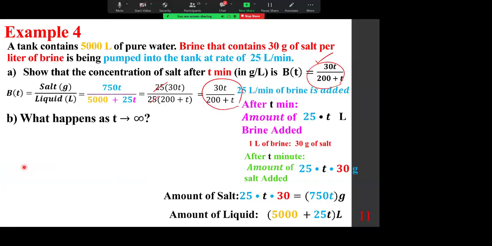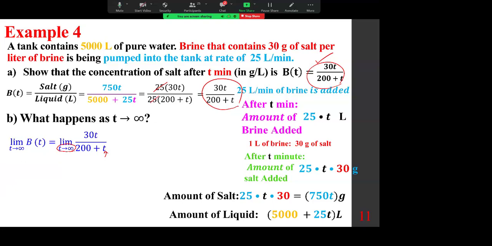Part B, what happens as t approaches infinity, meaning take the limit. As t approaches infinity, you are dealing with a rational expression. T is approaching infinity.